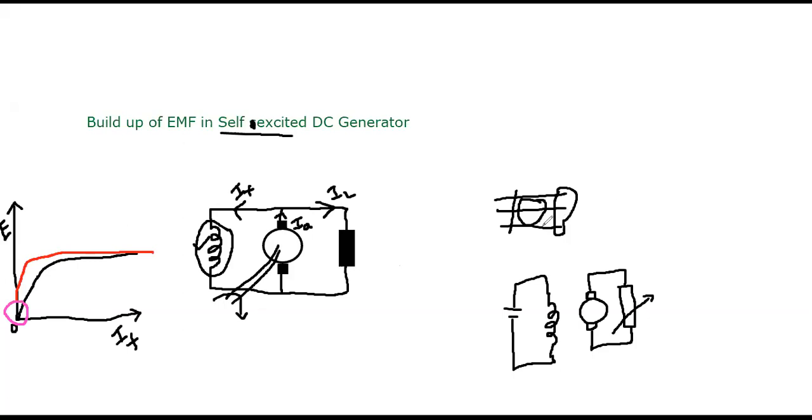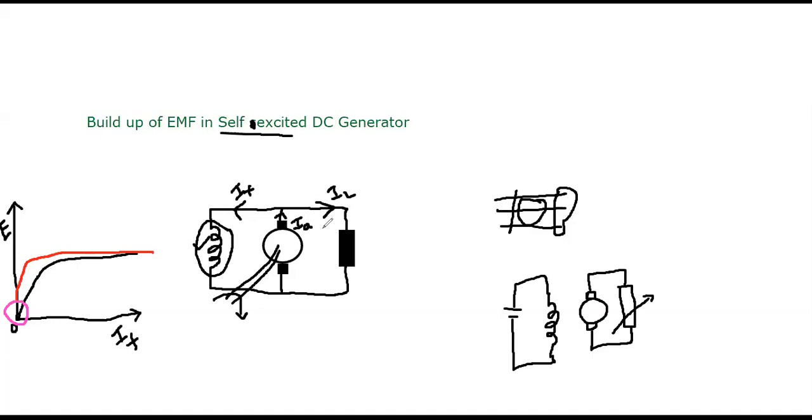Even though the IA current is not developed, due to the effect of residual magnetism, the magnetic field will be developed in a DC generator. So when the armature is rotated, the magnetic field will be cut, and the IA current will be generated.